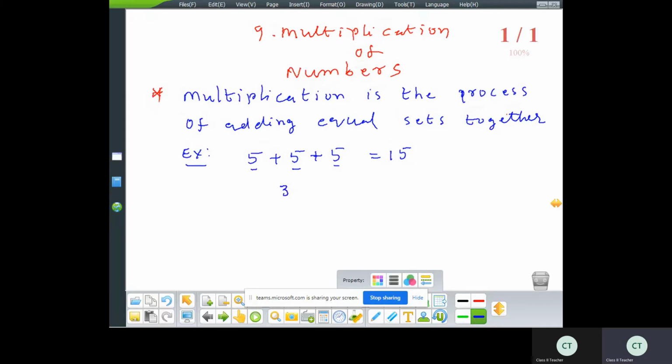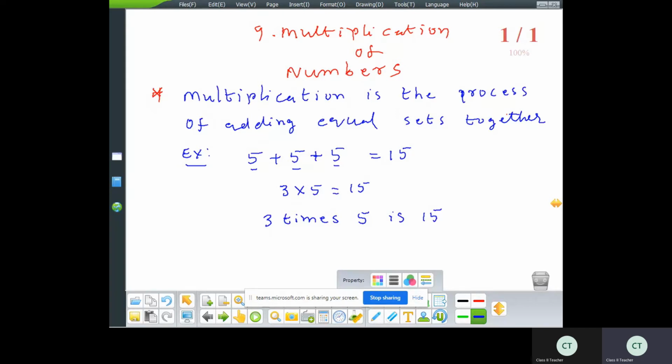We can write 3 into 5. 3 5s are 15. We can read as 3 times 5. 3 times 5 is 15. Our first definition is multiplication is the process of adding equal sets together.